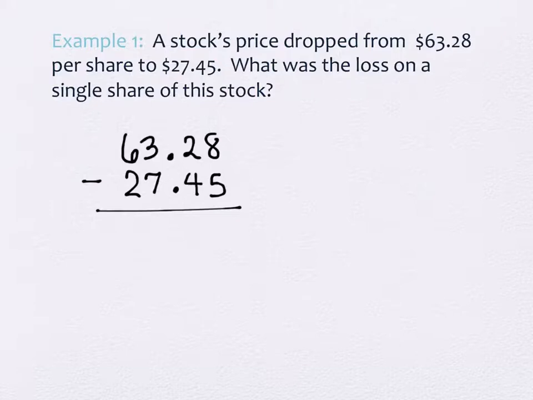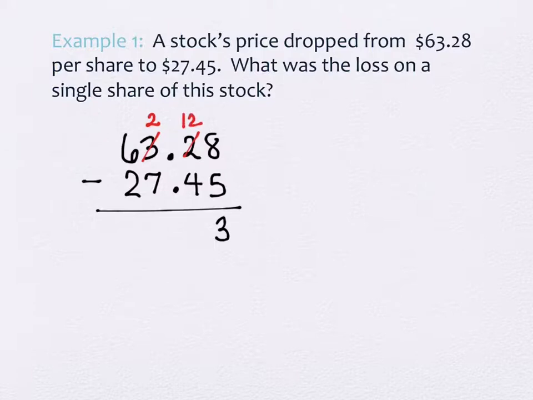And if I start on the right-hand side, I'd have 8 minus 5 would give me the 3. What would I do about my 2 here in the 10ths column? I need to borrow from the place value over. And so if I take from the place value over, there's a 3 there. The 3 will become a 2. And then the 2 that's in my 10ths column will become a 12.